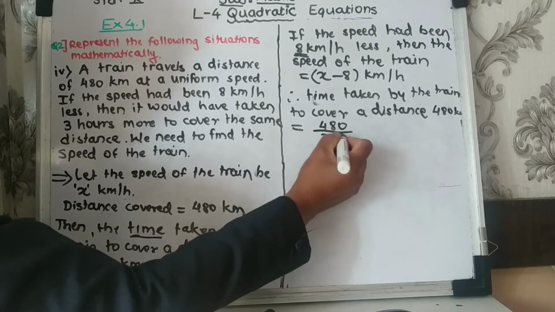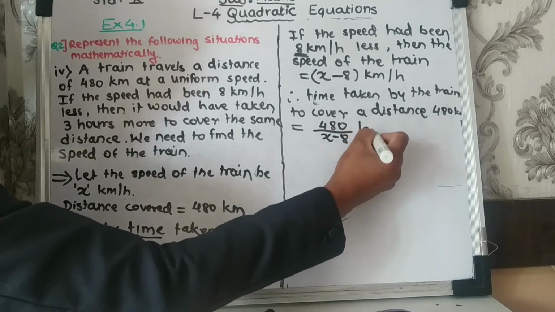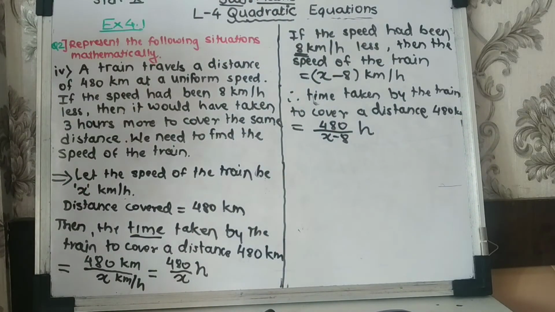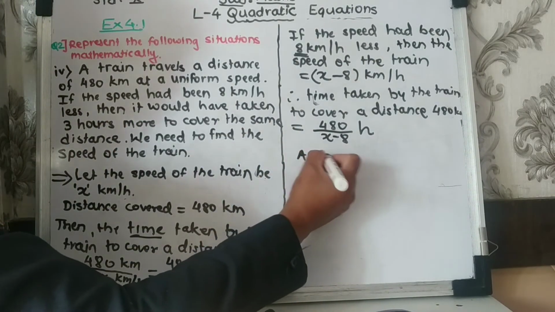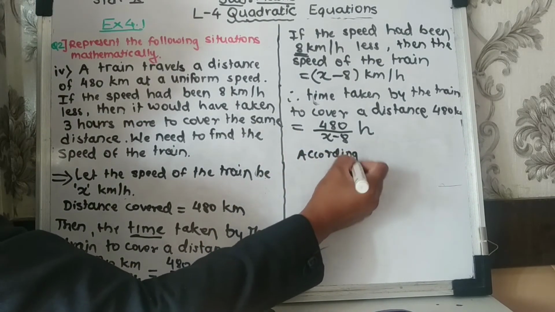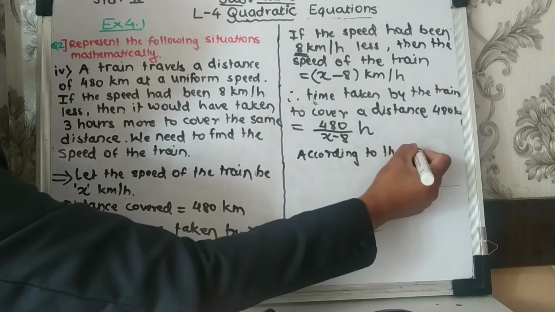That is x minus 8, and we will write the unit as hour. Understood this one? Now according to the situation, or according to the question, we will write according to the question.